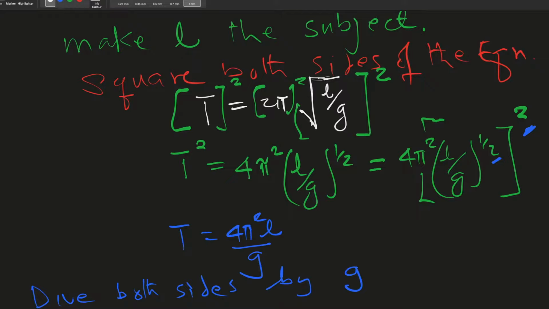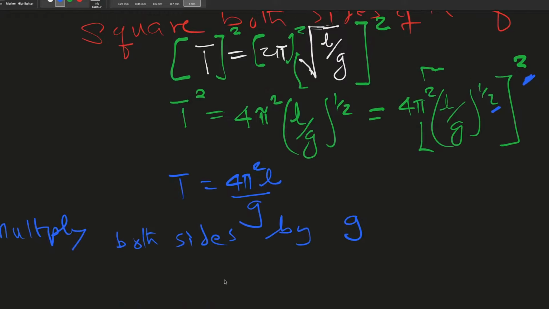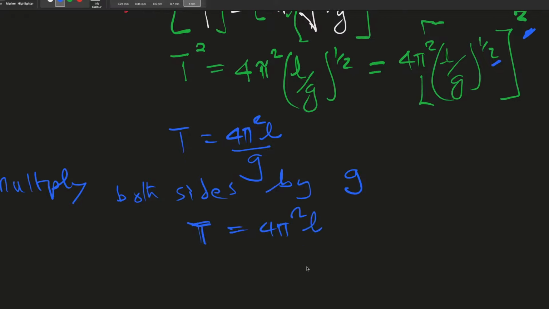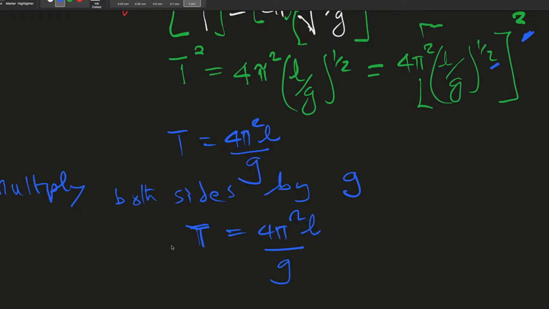So we say multiply both sides by G. So our equation T squared is equal to 4 pi squared L over G. Then we are going to multiply both sides by G.